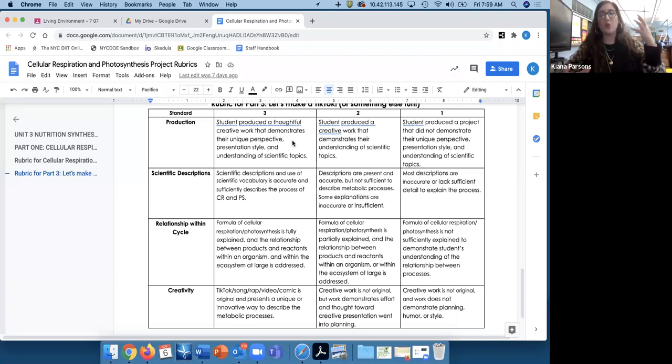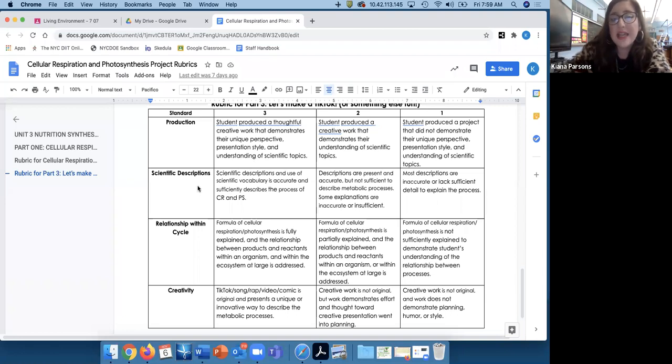Think about how you can represent these ideas. I know on TikTok sometimes there's text on the screen or it's behind you, so go nuts. Do whatever is in your mind to represent this cycle, but you want to show your unique perspective, your presentation style, and your understanding of scientific topics. Notice that it starts with your unique perspective and presentation style, right? This is a creative project.